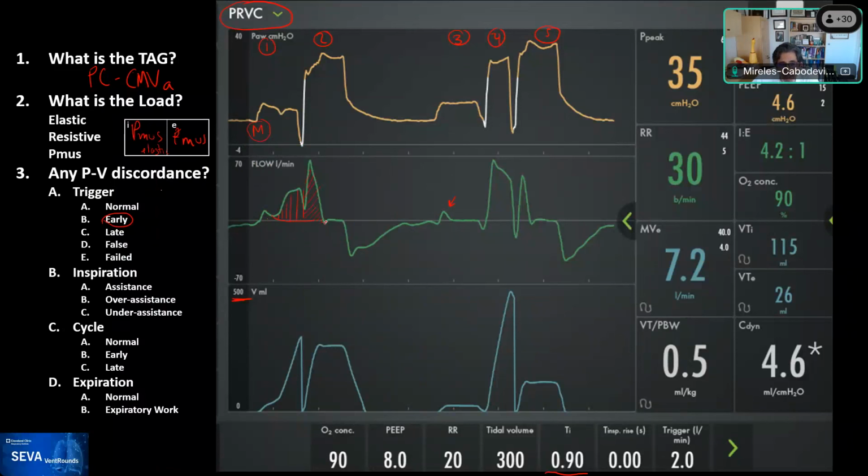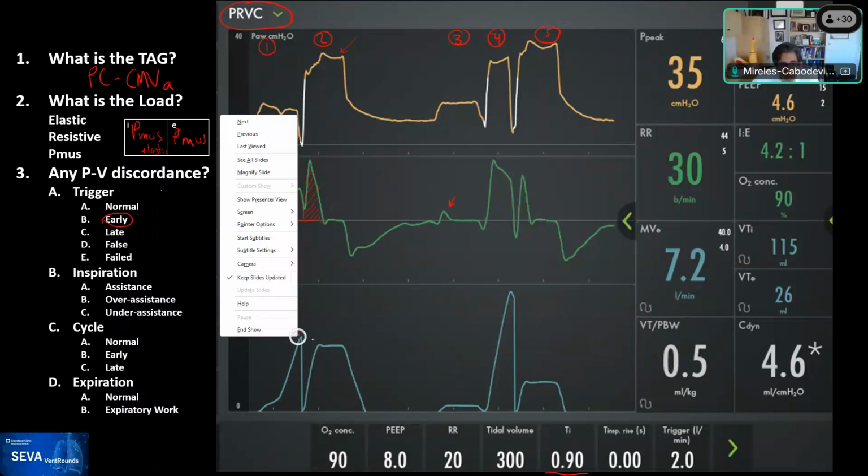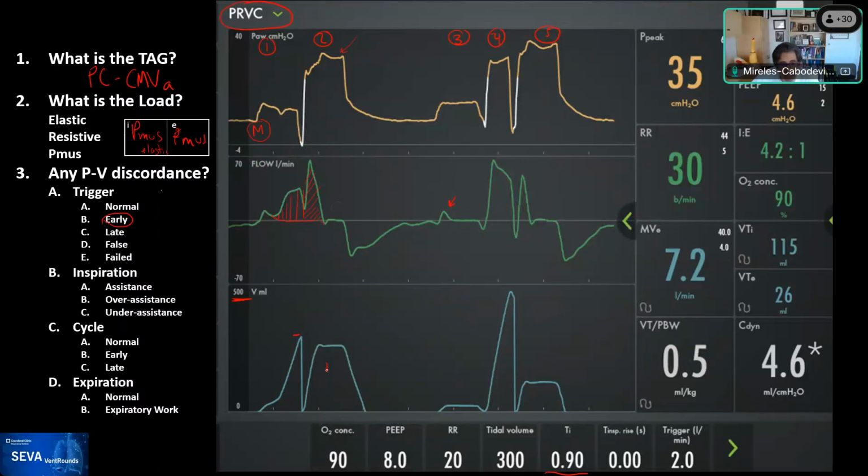And then the PMOS finishes, and what looks like a pause is simply the muscle relaxing, and now you have a plateau pressure up here. That's essentially a plateau pressure during that breath. So breath in, lots of PMOS, a lot of tidal volume goes in. Essentially the patient didn't exhale anything. So it's this amount of tidal volume plus this amount of tidal volume, one on top of the other.